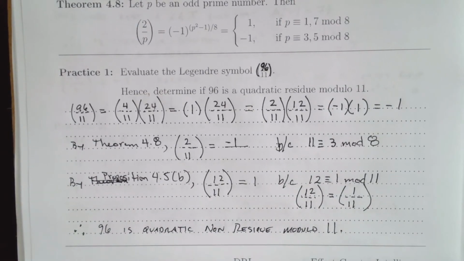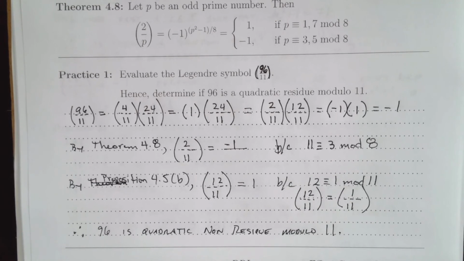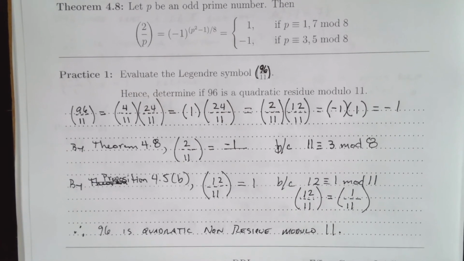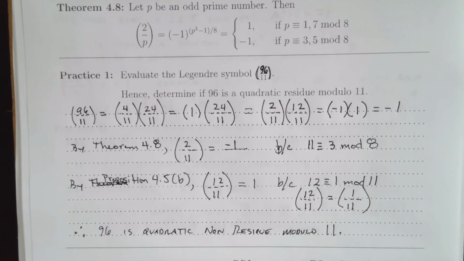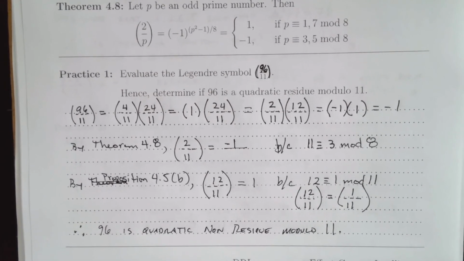And of course, if you had Wolfram Alpha or something similar, you could look up what the quadratic residues modulo 11 are, right?